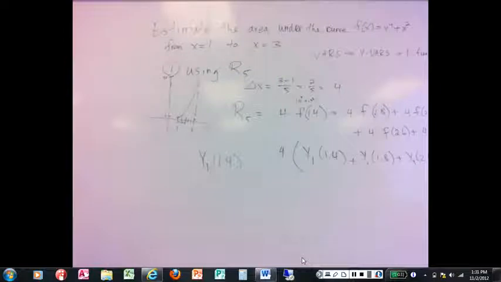I won't have to put in all those things, which is very helpful if you've got a bigger function. We got 2.2. What's the next one? 2.6.